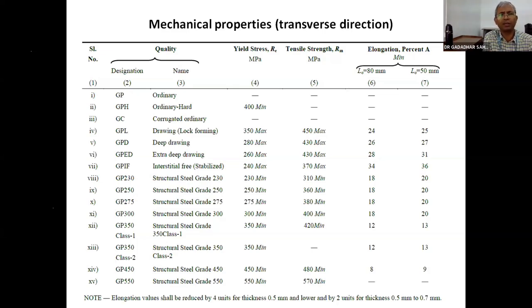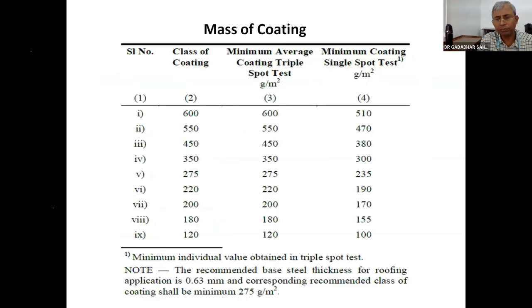If not, we can think about it, but it is in our best interest that they get convinced that this is the IS specification and we have to get the material certified as per the IS specification, but our elongation will be on the higher side.